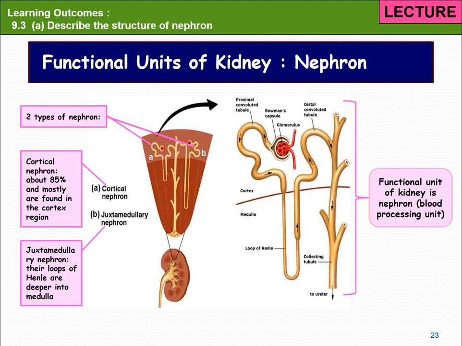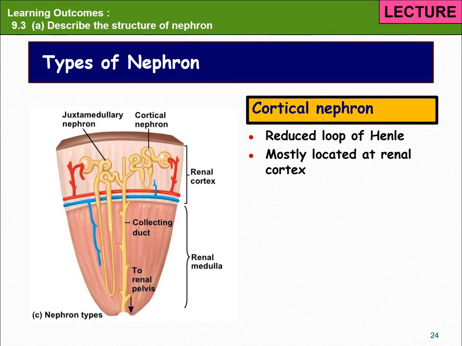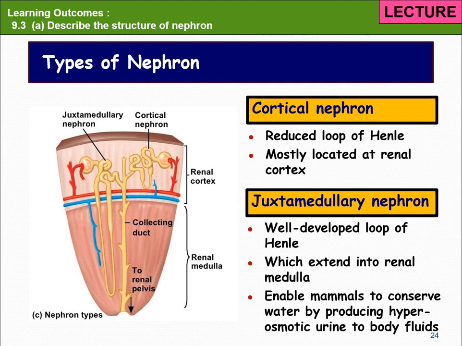Longer loops of Henle help in conserving more water in the living organism. Juxtamedullary nephrons enable mammals to conserve water by producing hyperosmotic urine to body fluids, because a longer loop of Henle will reabsorb more water.